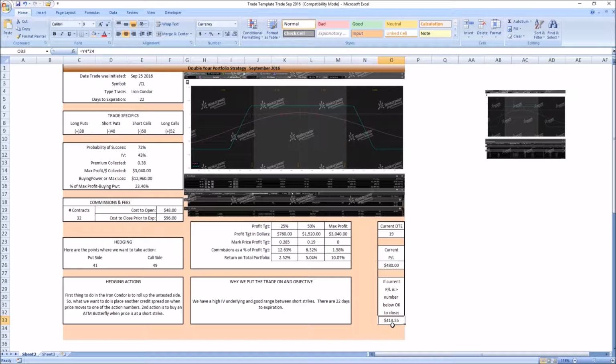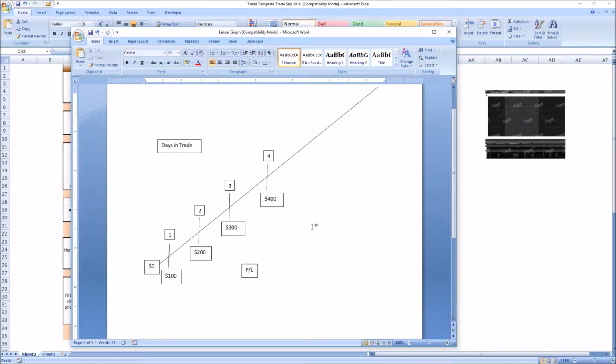If we were to come out of this trade in a linear fashion, meaning, if we were to chip away, say, $100 a day, if that's what the trade was supposed to come out at, day one we should have a $100 profit. On day two we should have a $200 profit. Day three, $300. Day four, $400. And this is all based on $100 a day coming out. Again, this is a linear graph as the trade goes through its trade cycle. Day 1, 2, 3, and 4. All right, easy enough to understand.